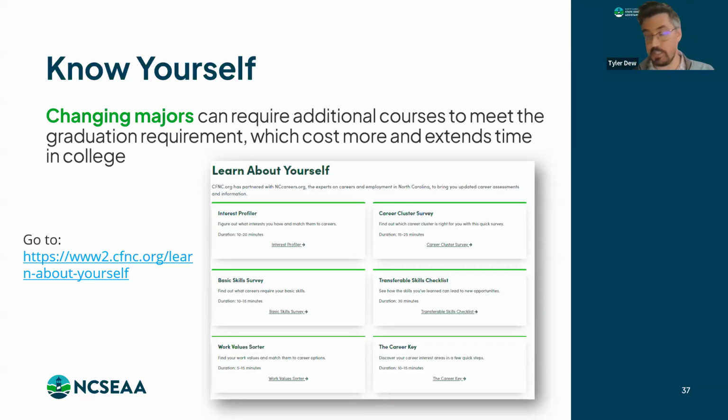So if it's on cfnc.org, we have partnered with nccareers.org, which they're the experts on career and employment in North Carolina. So look into nccareers.org if you have that time and do some assessments, figure out what major your career field that you're interested in would best apply to, and go ahead and prepare ahead.